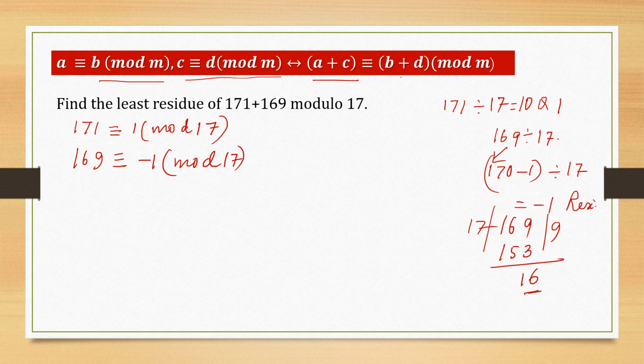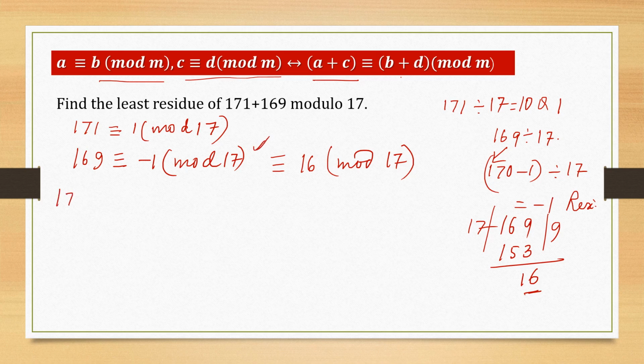I can write that, but I want to write the smallest one so that the calculation will be easier. Then it will be negative 1 modulo 17. I can also write 16 modulo 17, but I'm preferring this one.